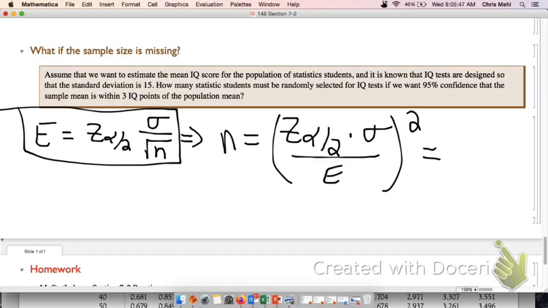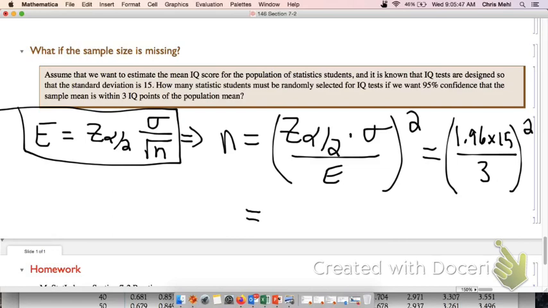Now for this problem, we want a 95% confidence level, and for 95% confidence we know that z alpha over 2 is 1.96. We would multiply that. We're assuming that the standard deviation of IQ scores is 15, and we want to be in error by no more than 3 IQ points.